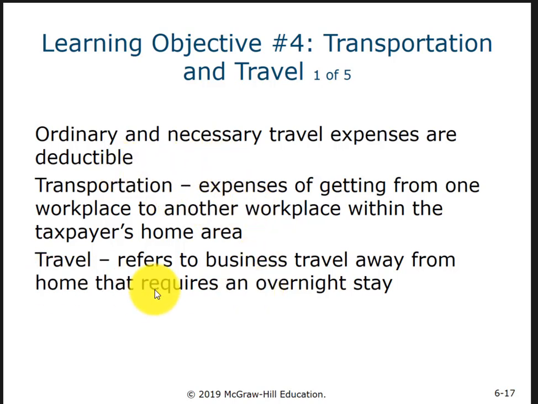Travel, when we refer to that, is when we're out of the area and we're going to need to stay overnight. Typically, the IRS looks at that as it's got to be 100 miles or more. And then we have the potential deduction for hotel and meals, that sort of thing.